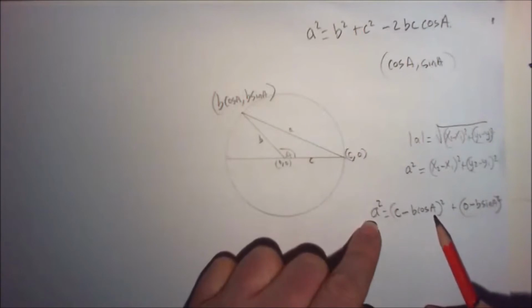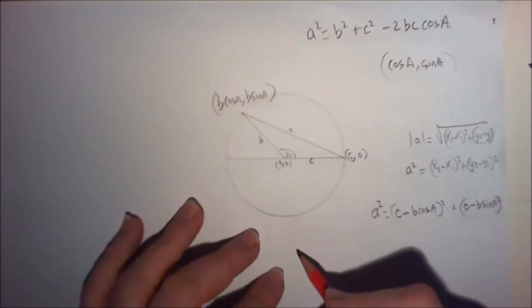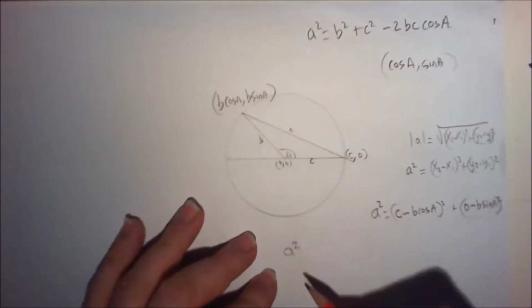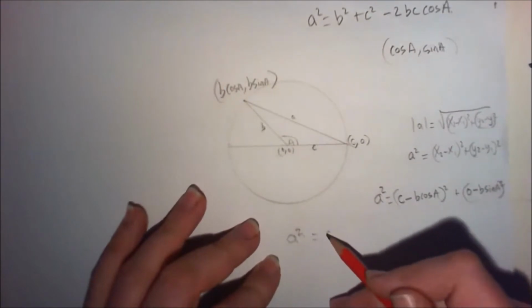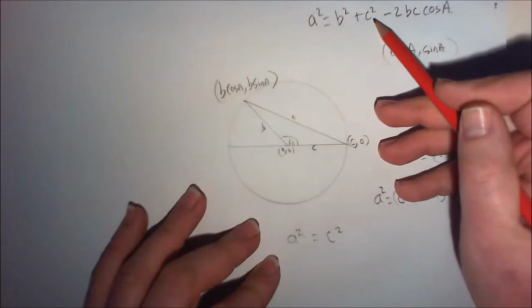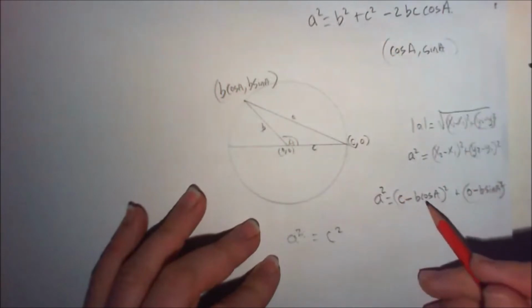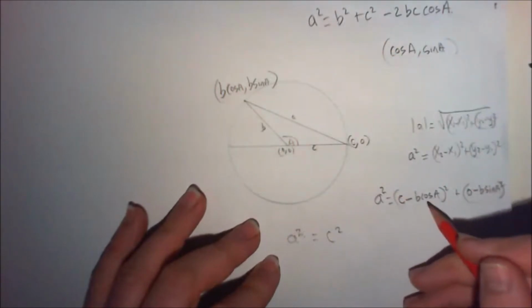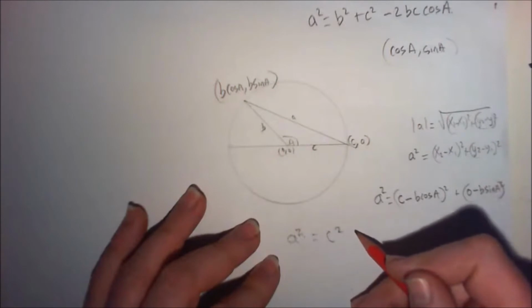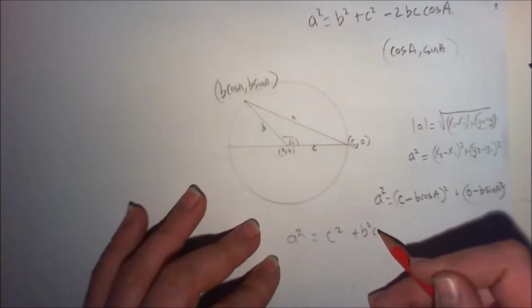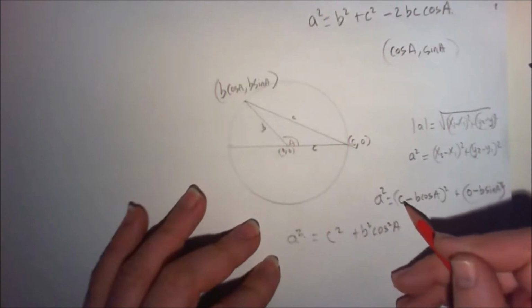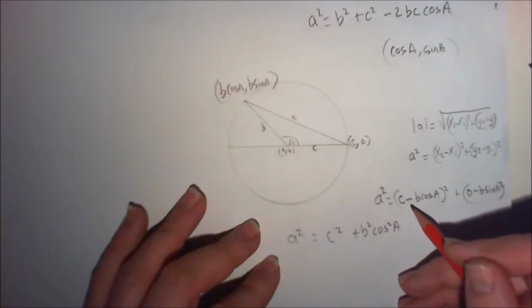Now, multiply out the brackets. So let's move it over this way a bit. A squared is equal to square the left. Oh, look at that. Got the C squared. Square the right, that's going to be B squared cos squared A. Multiply them together and double it.